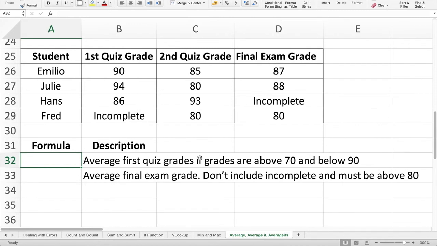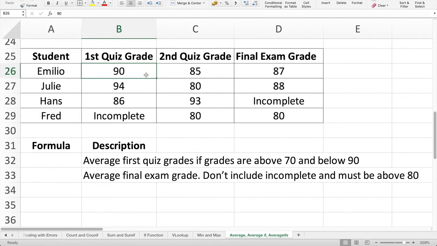Okay, so let's have the average again. First quiz grade, which is actually this column B, and above 70 and below 90, meaning since we are requiring to have below 90, meaning to say 90 is not included, since mathematically speaking 90 is not below 90. 90 is equals to 90, but 90 is not below 90.